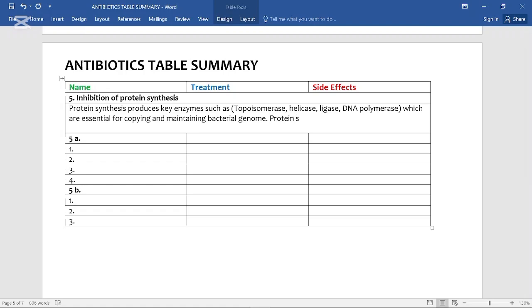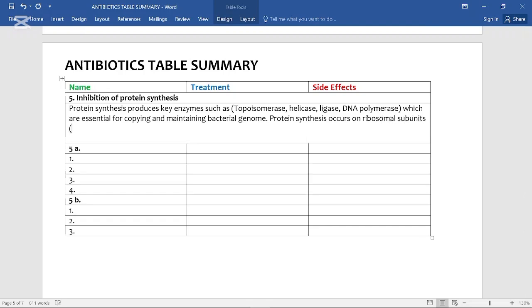Protein synthesis occurs on ribosomal subunits, the 30S and the 50S ribosomal subunits.